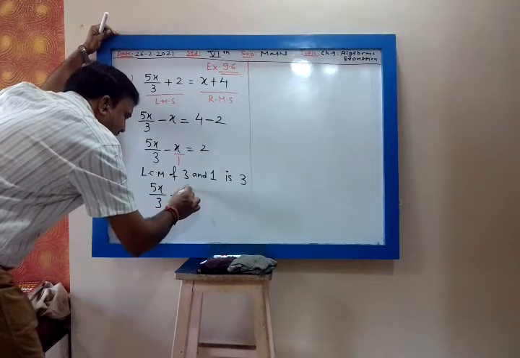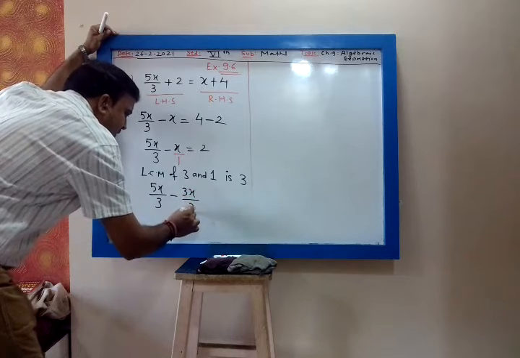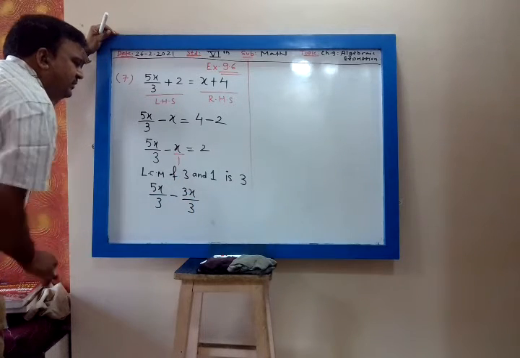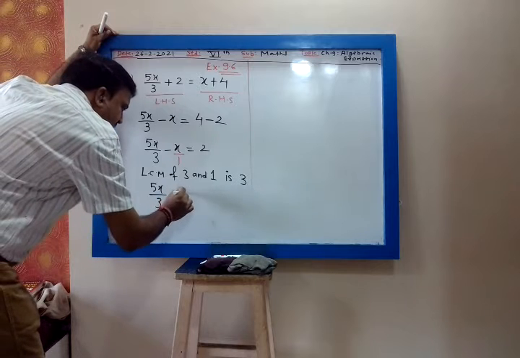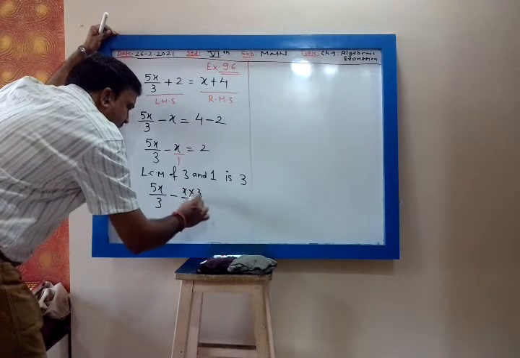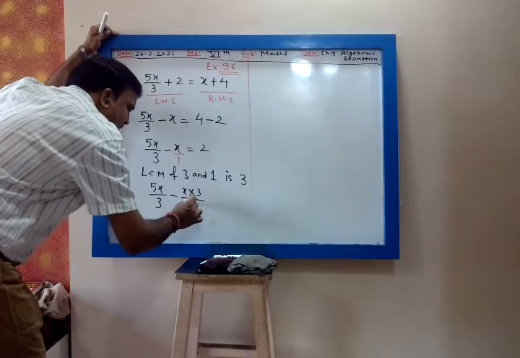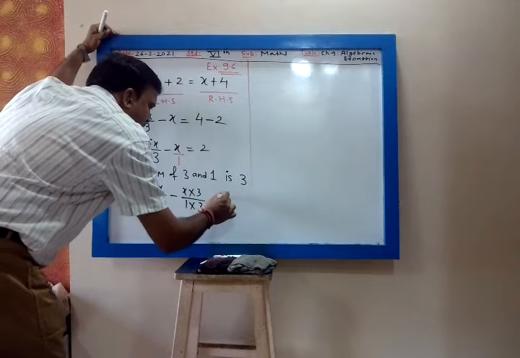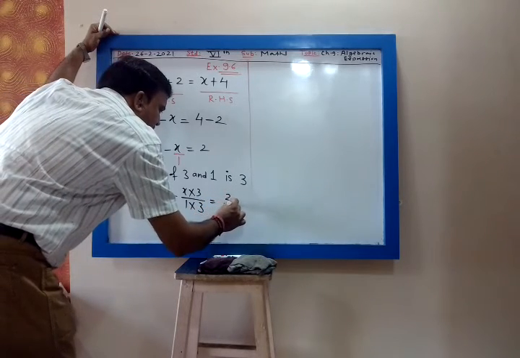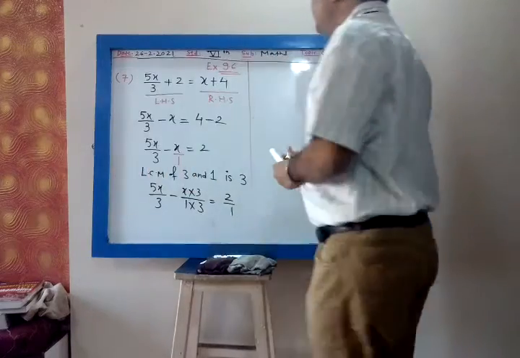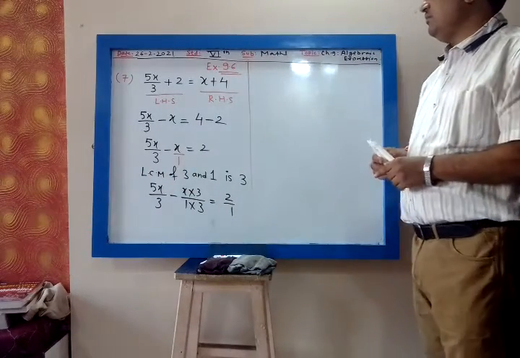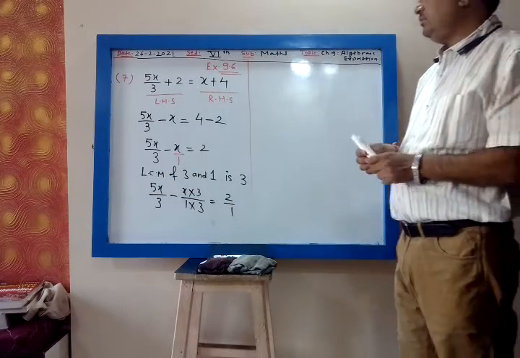So that is 3x upon 3. Let me write one more step if you want. x into 3 upon 1 into 3. 2 we write 2 upon 1. Only we are taking LCM on the left hand side, not on right hand side.